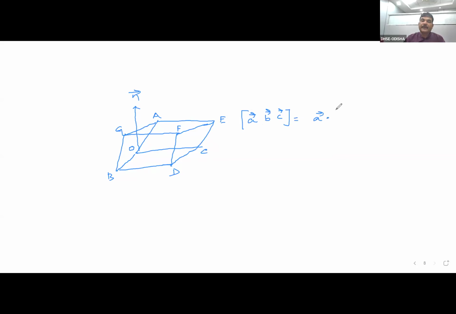Box product ABC is equal to A dot B cross C. This is equal to mod A into mod of B cross C into cos theta, where theta is the angle between A and B cross C. This is equal to mod A cos theta into mod B cross C. Okay, this angle is theta.